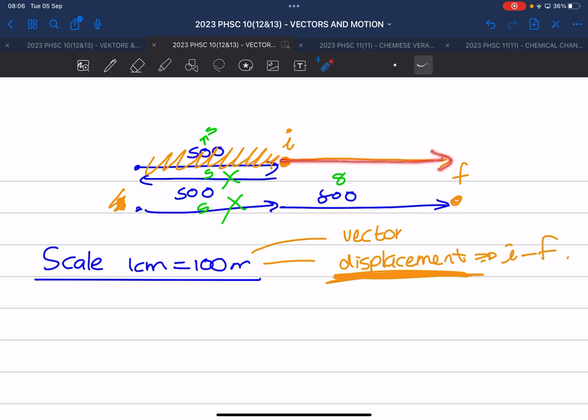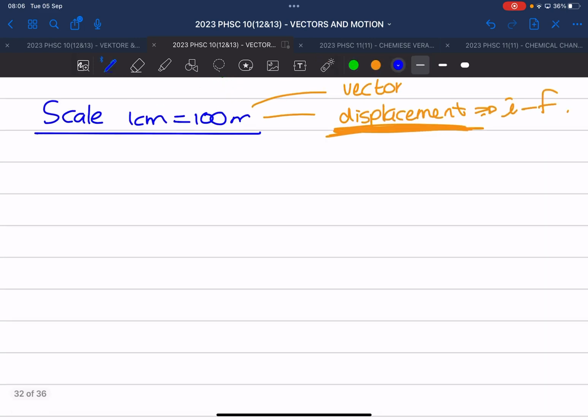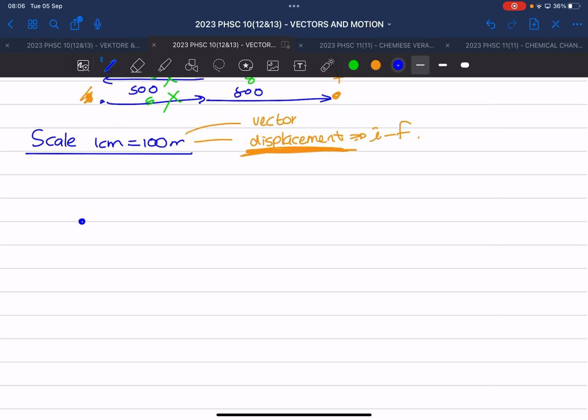How long will that line be? 8 centimeters. So you're going to say that it's 800 meters. And what is the direction? East. That's all.